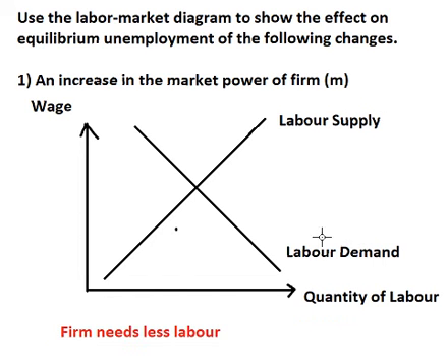So they reduce the labor demand, and the labor demand will shift to the left. This is D number 1 and D number 2.